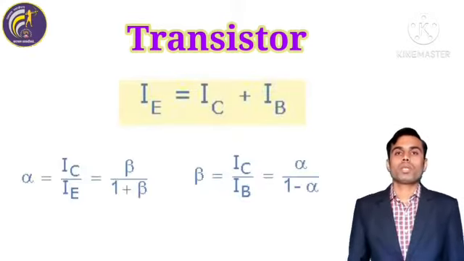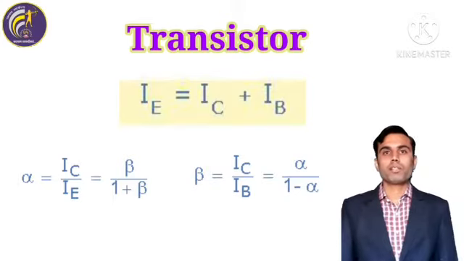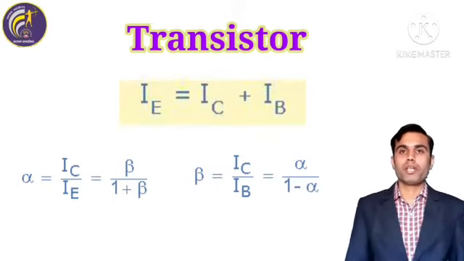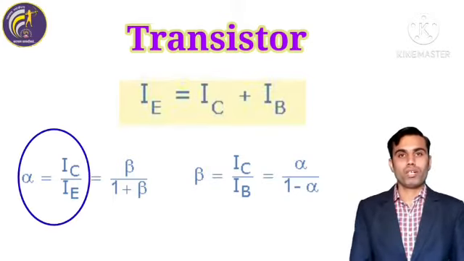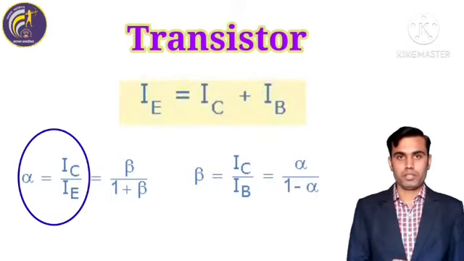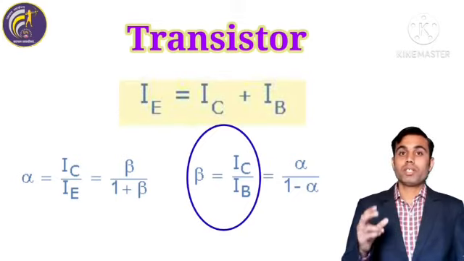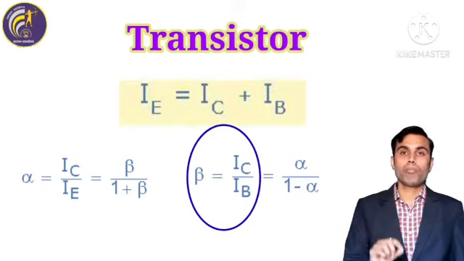There are two current ratios in a transistor, alpha and beta. First is alpha, the ratio of collector current to emitter current. The second is beta, the ratio of collector current to base current.